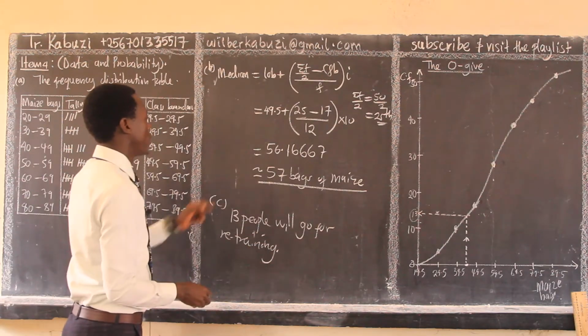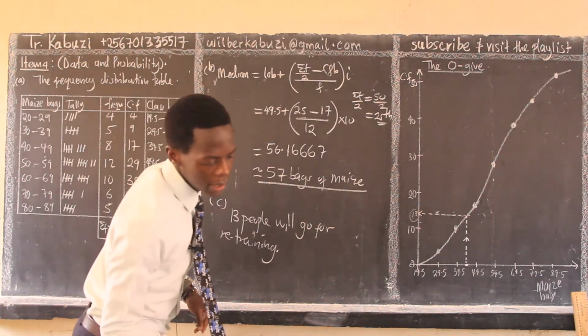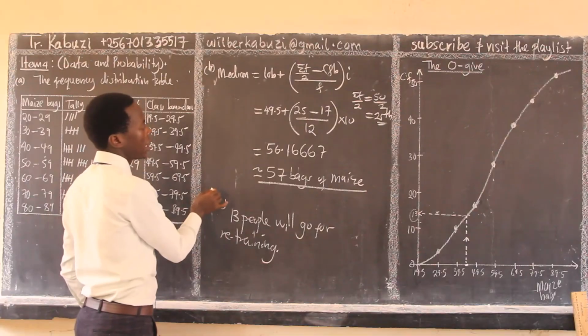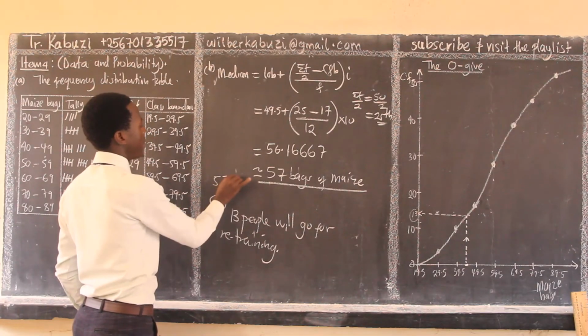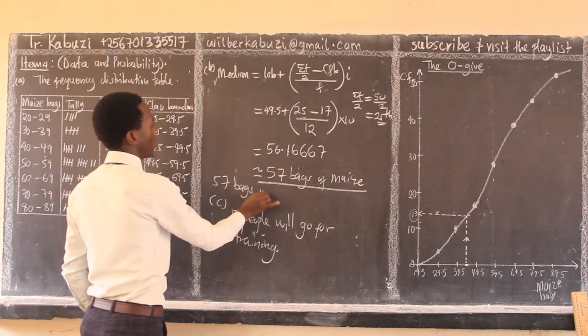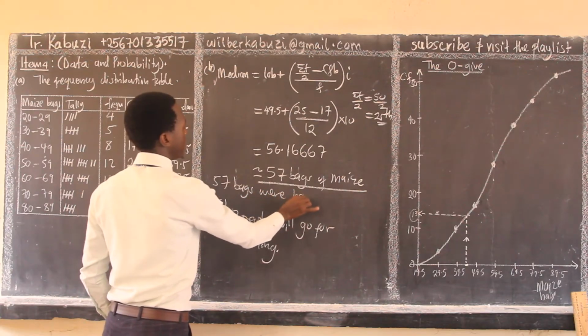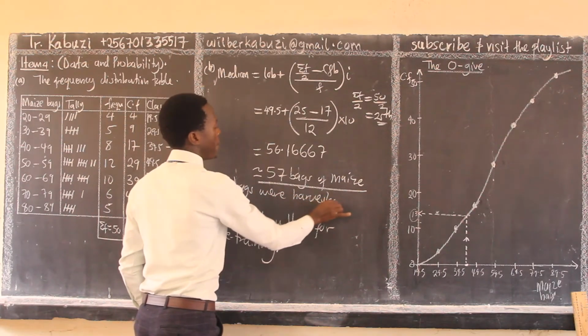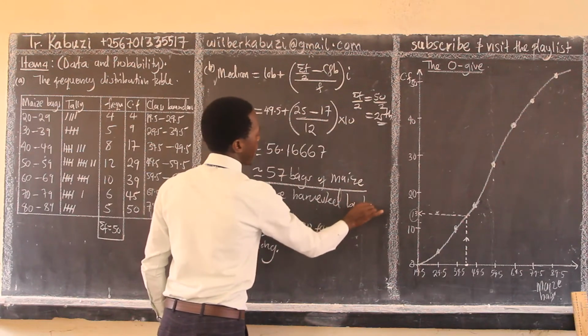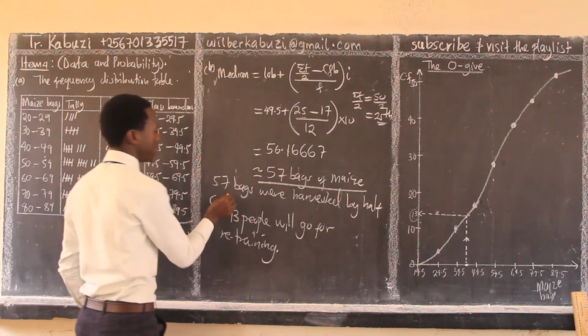And then here we also had to respond, say then 57 bags were harvested by half of the farmers.